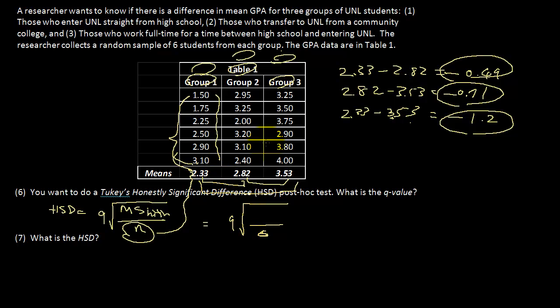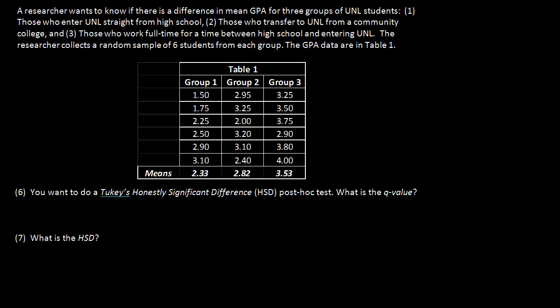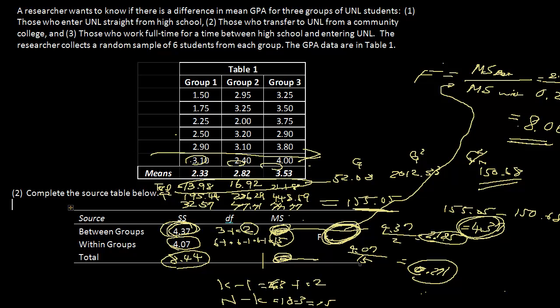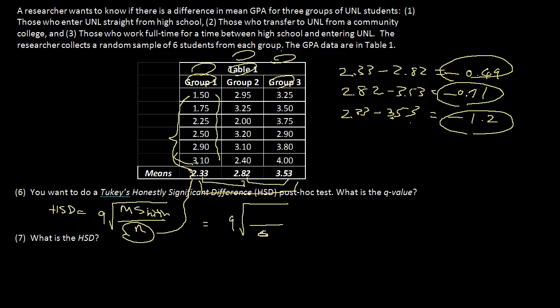I think it was like 0 point something. Mean square within was 0.271.